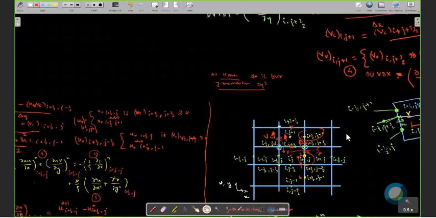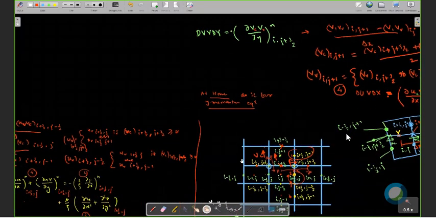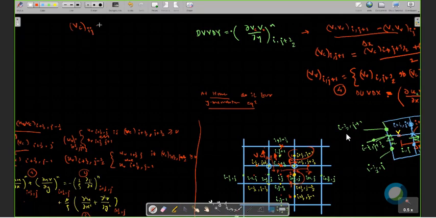Now what about this value, VC ij? VC at ij has to be interpolated using these two points. And what are those?